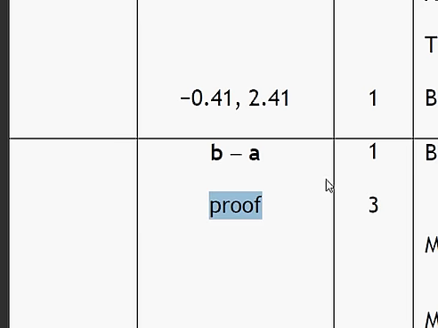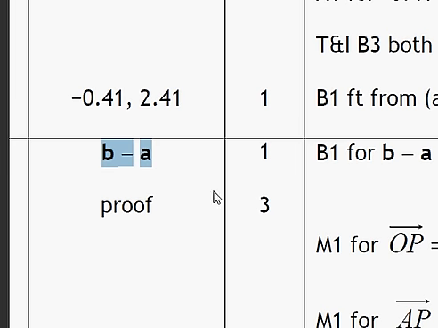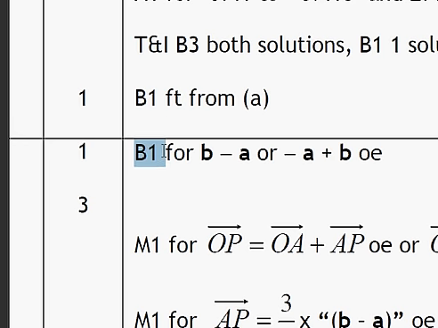So yeah, we got it. That's part a, and they're really just looking for you to write down b minus a. It's worth 1 mark. Give yourself 1 mark if you got b minus a, or give yourself 1 mark if you wrote down negative a plus b or some equivalent.